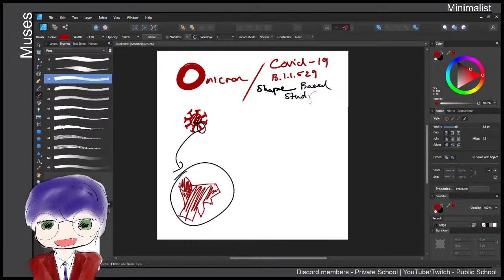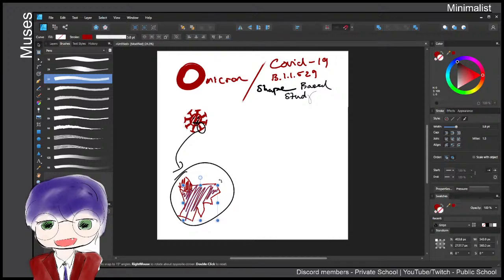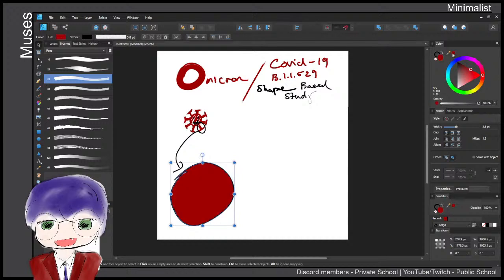Let me just remove this. I need to draw it in a slightly different way to make it slightly more readable by when we actually get to it.